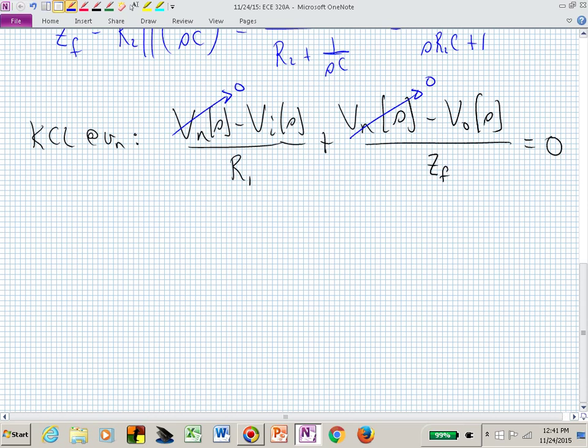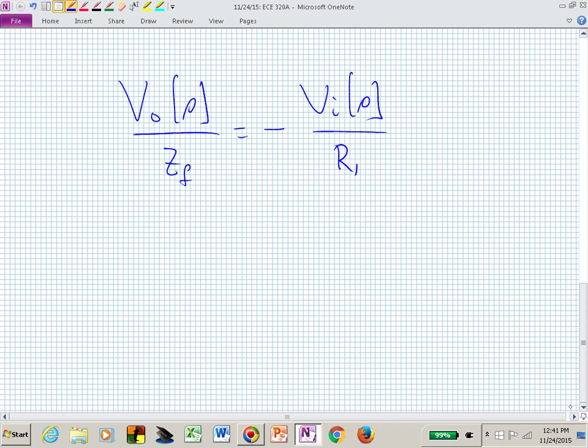And this now allows us to say, V sub 0 of S over Z sub F is equal to minus V sub I of S over R sub 1. And we can now solve that for our transfer function of interest.